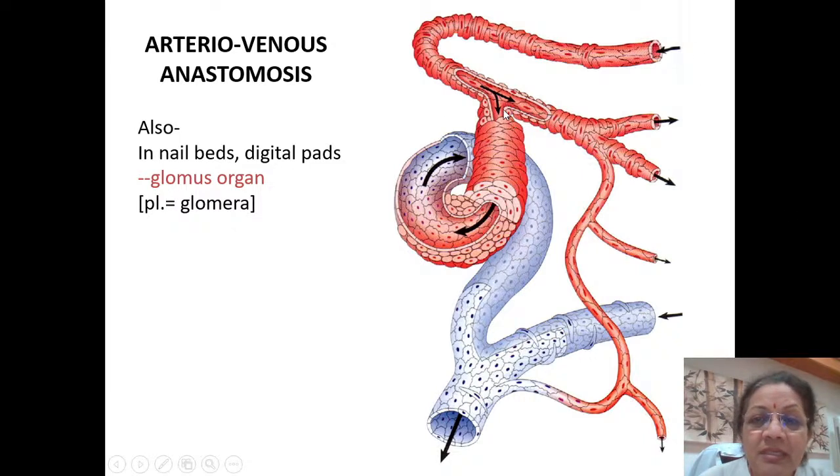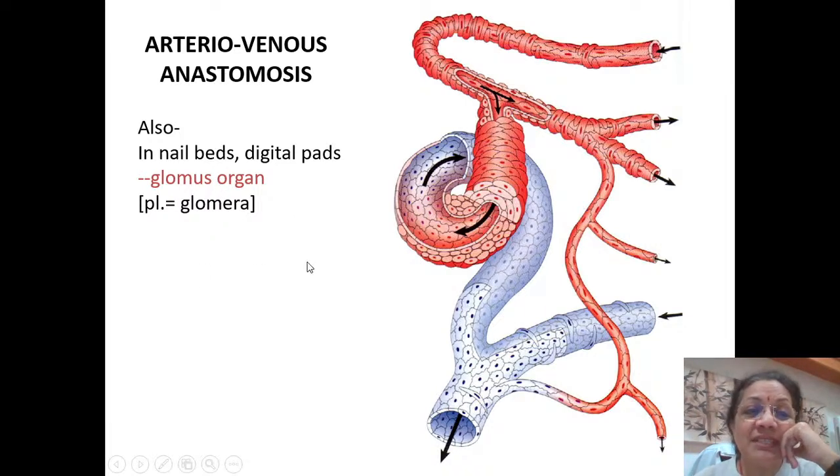But in certain areas, if you follow one of the arterial branches, there is no capillary, and some exchange, some through simple diffusion mechanisms may happen through the wall, and then it will come back and join the vein. These are important. They are found in nail beds, in the digital pads with fingers, and they form what is called a glomus organ. The plural of glomus is glomera.